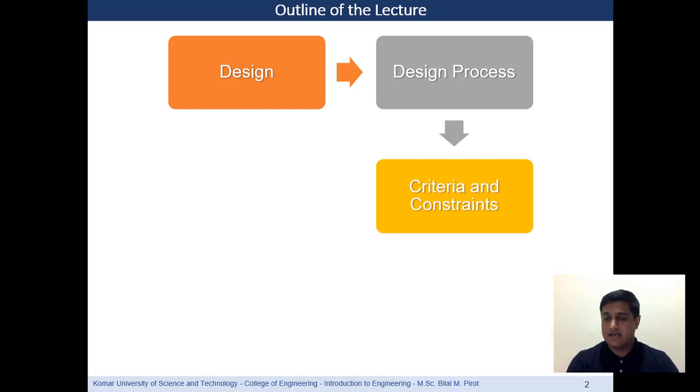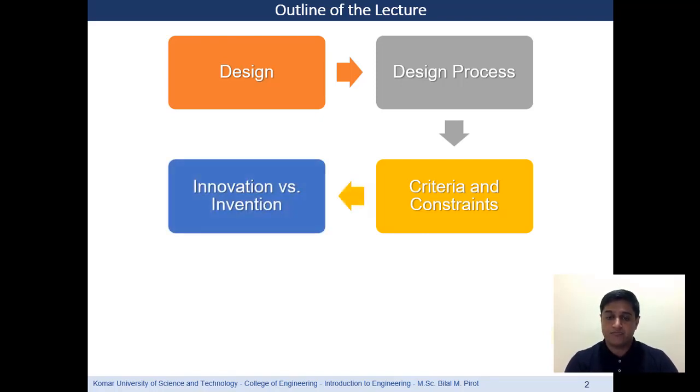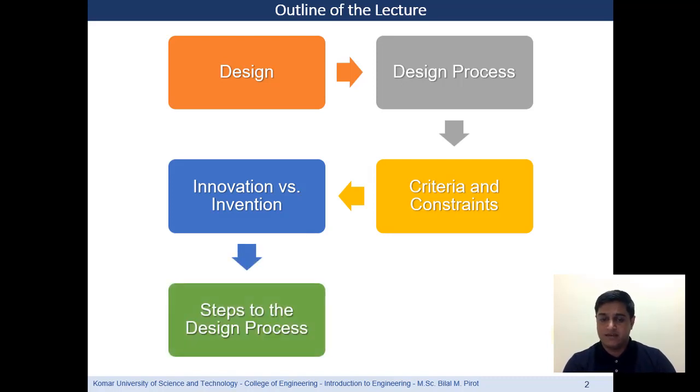Before designing anything, we should define what are the main properties or what are the main problems we may have during manufacturing or producing something. Then we will talk about two important terms in engineering that are innovation and invention. Then we will talk about the steps for design process in detail. We will have 9 different steps. Each step will be discussed in detail.